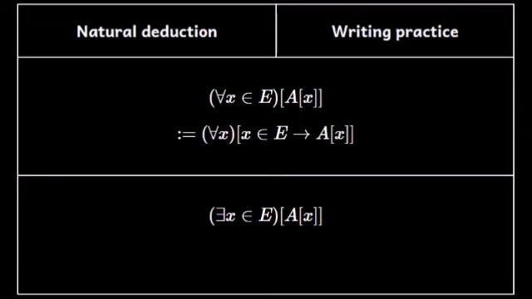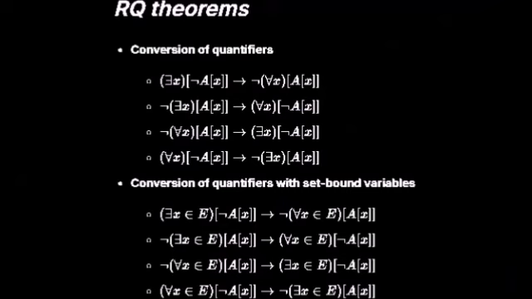And if we want to preserve conversion of quantifier rules, which are essentially a bit like De Morgan rules but for quantifiers, that would mean that there exists x in E such that A of x would have to be there exists x such that we have the fusion of x in E and A of x. So the main theorems we want to prove using these definitions are, well, conversion of quantifiers.